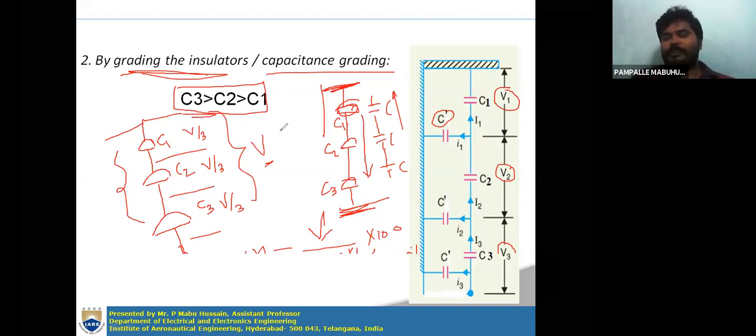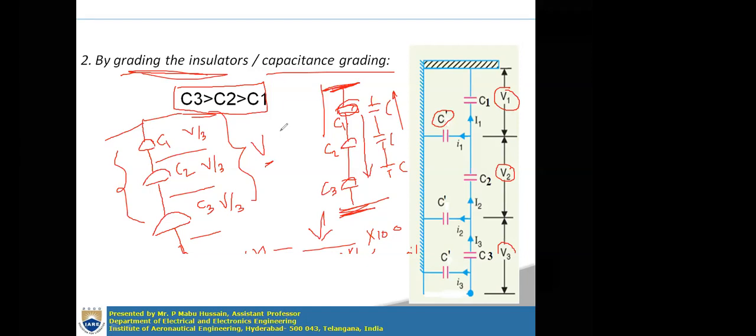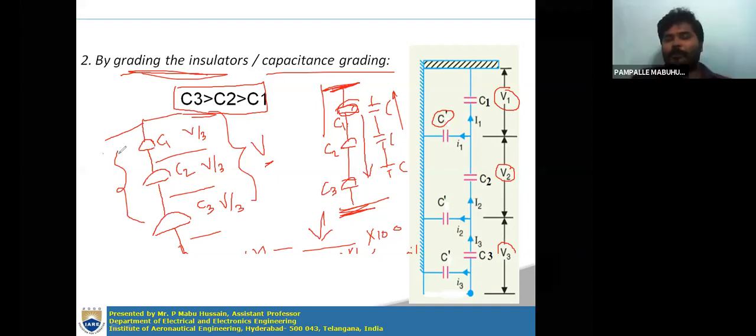Grading of insulator is nothing but using different sized insulators, and the size of the insulator will go on increasing as you move from the cross arm to the conductor. If you observe here, this is a smaller one, then the size increases, then increases still further.